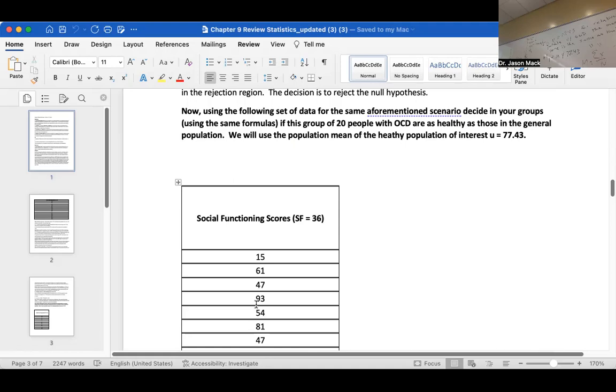Fifteen. You can copy paste it. Forty-six, 54, 55, 83, 65 or 80? 65, 83, 67, 85, 92, 53.